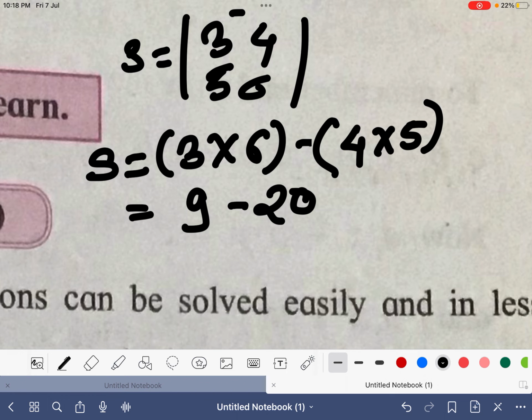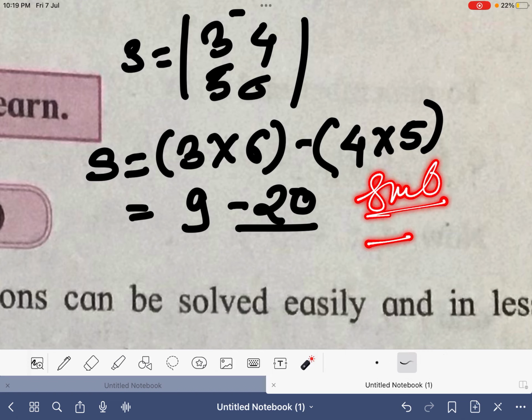Now let's subtract these two numbers. Obviously this is a negative one and this is a positive one, so we have to subtract. Because one is a negative number and another is a positive number, we subtract: 20 minus 9, so the answer is 11.